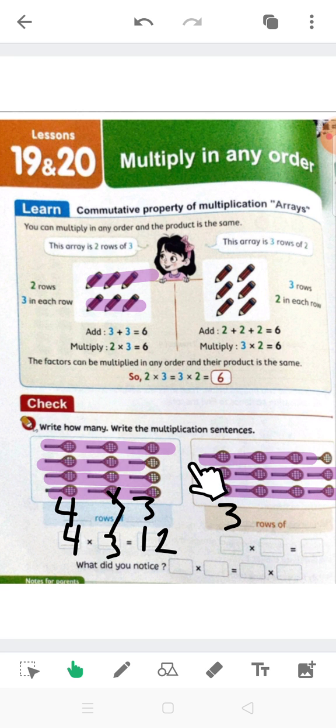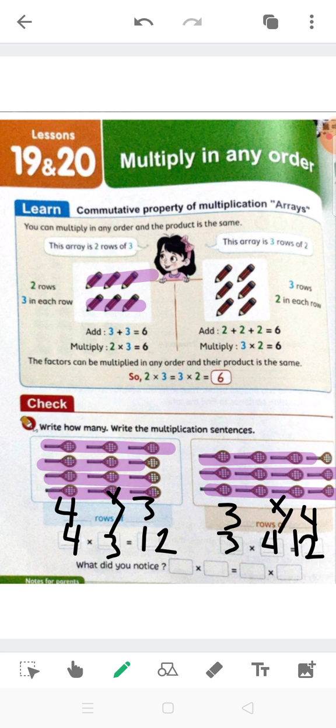I've got 4. Or how many elements in each row? I've got 4. Okay, so I need to write the multiplication sentence. Just cross off and we write times. This is 3 times 4. What does it equal? Equals 12. The total number of elements equals 12.